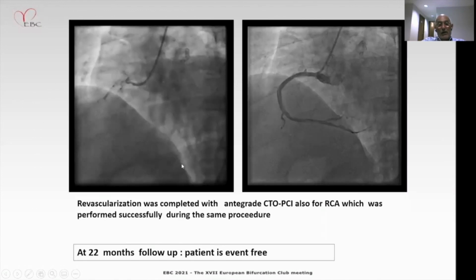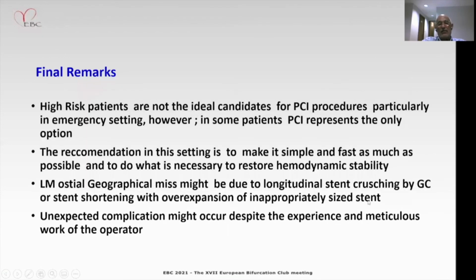And finally, we completed the revascularization with another antegrade approach for total occlusion on right coronary artery, which was performed successfully during the same procedure. And now at 22 months follow-up, the patient is still event-free.